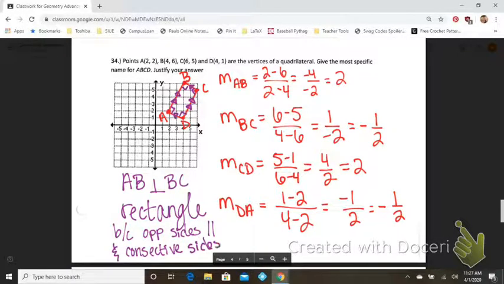Something along those lines. I would need to see all of your slopes to know that, though. So you would have to show me all your slope calculations in order to use this as a justification. That gave us right angles.